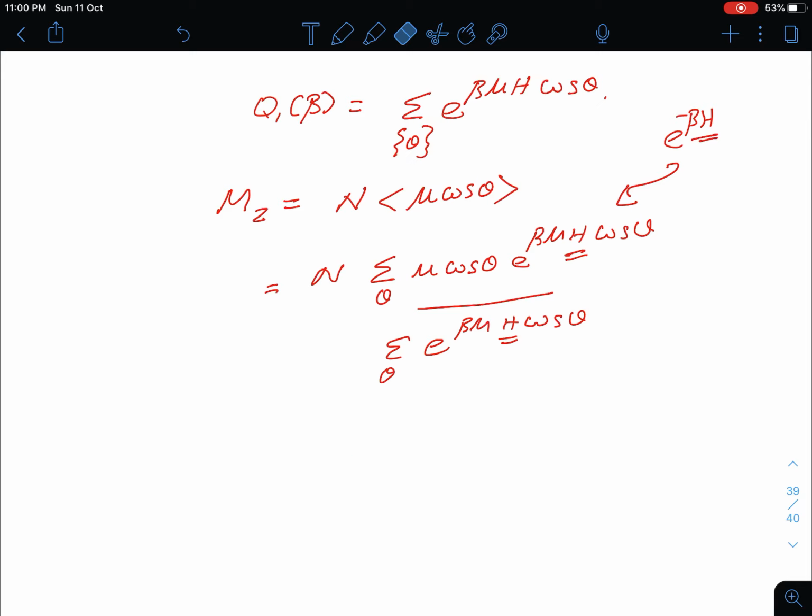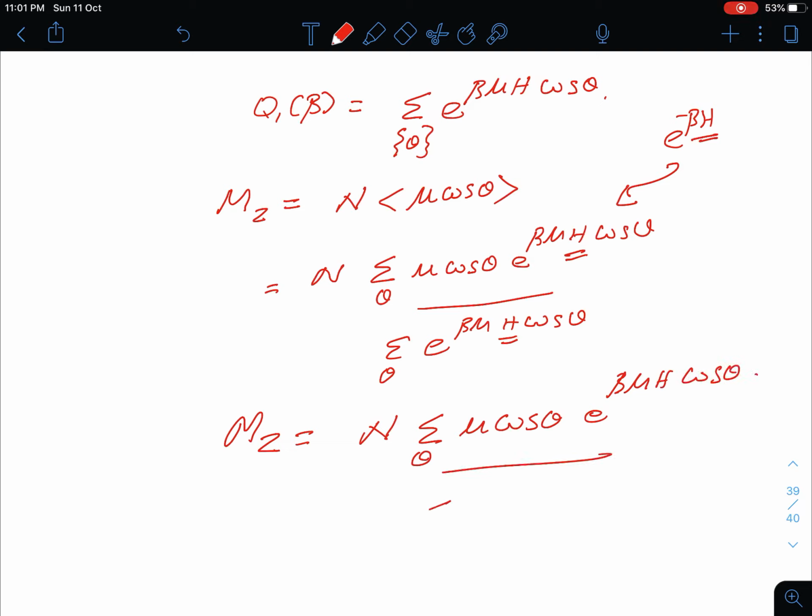Okay, so Mz is equal to n sigma theta mu cos theta e raised to beta mu h cos theta divided by sigma theta e raised to beta mu h cos theta. All right.